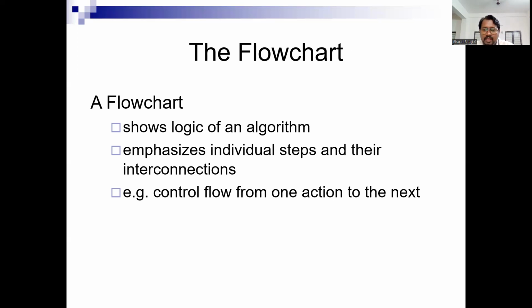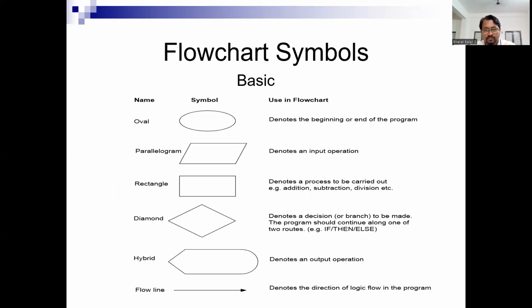That means we can easily understand the algorithm by watching that image, the diagrammatic representation. The flowchart emphasizes individual steps and their interconnections, for example, the control flow from one action to the next.